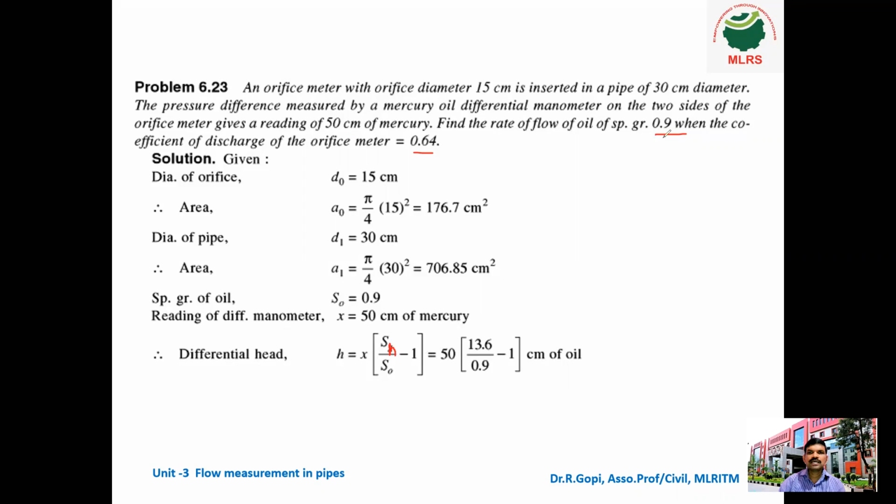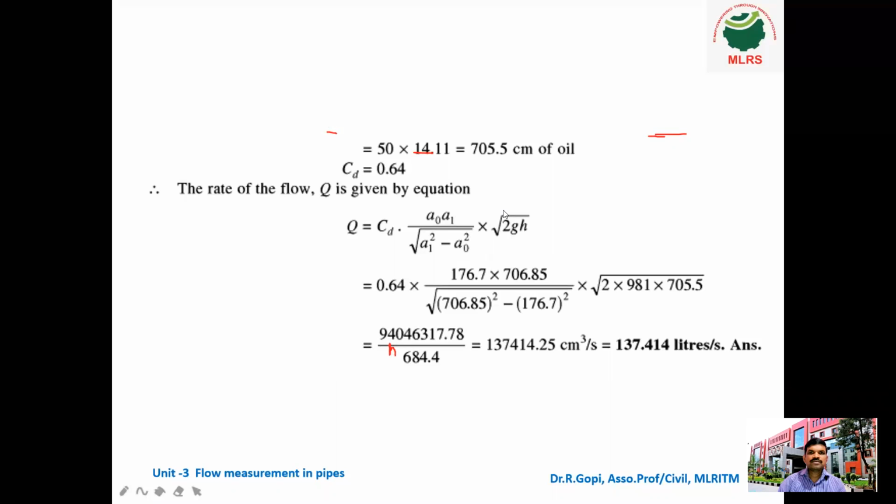X is the given differential manometer reading, 50 centimeter, mercury manometer. Mercury specific gravity is 13.6 and oil specific gravity is 0.9. This is also given in the question. So this gives 705.5 centimeter of oil.